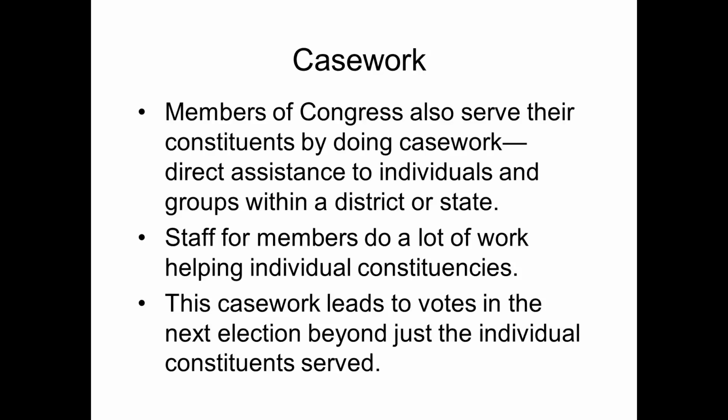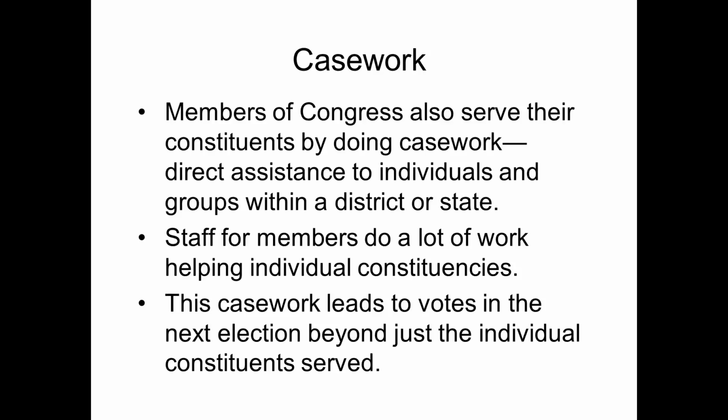So if you've got someone in your district who's having problems with collecting their Social Security check or becoming eligible for some other program, or there's somebody in your district who's a contractor that is having trouble getting paid by some agency in government, what they can do is get in contact with their congressman or congresswoman, and this person can direct their staff to get in touch with whatever executive agency is at play here, and use their influence to get this situation resolved in favor of whoever is petitioning, talking to the congressman or woman's office.